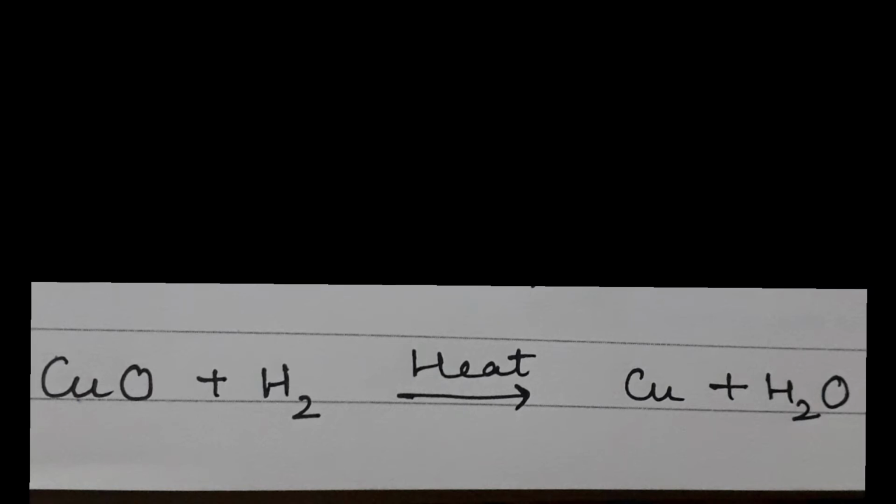In the above reaction, copper oxide is being reduced as it has lost oxygen and H2 is being oxidized as it has gained oxygen. So in a reaction, one reactant gets oxidized while the other gets reduced.